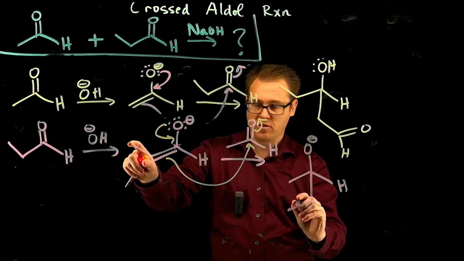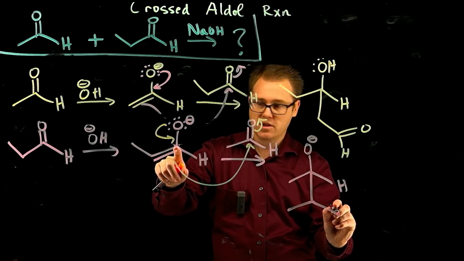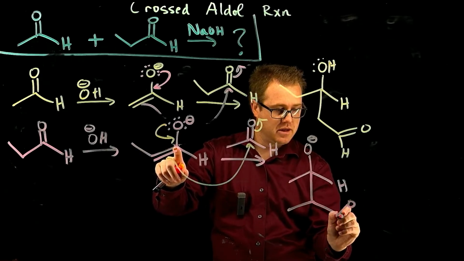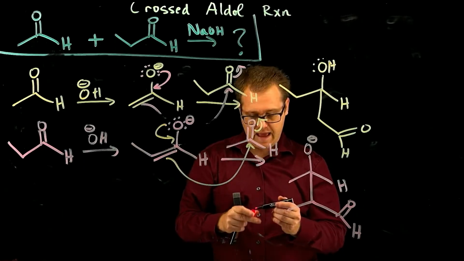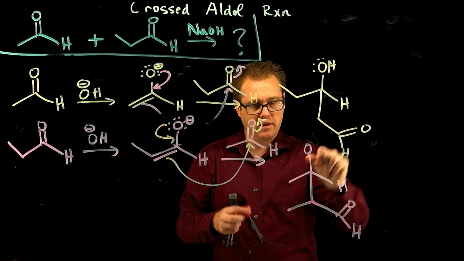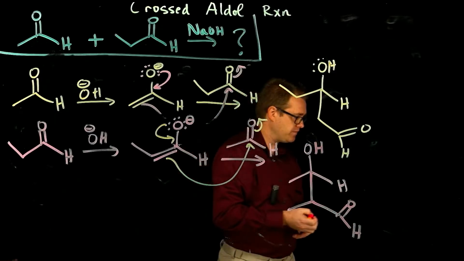And then it has a methyl group attached to it. And then it also has this carbon right here attached to it, double bonded, like that. Then we do a proton transfer and get that compound.